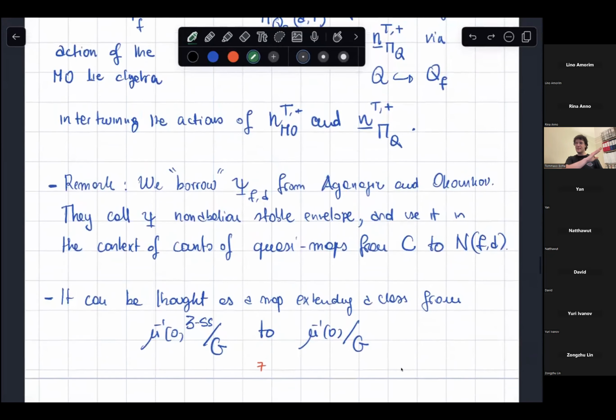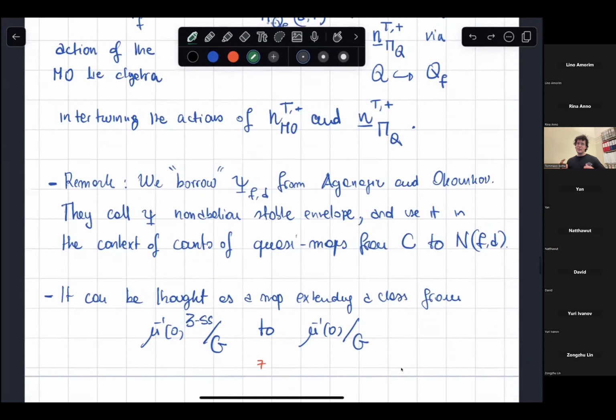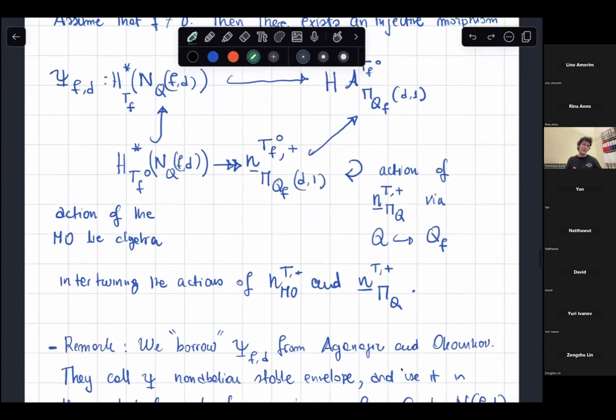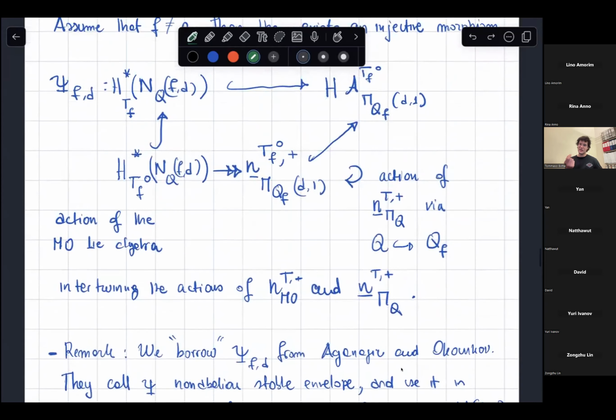In the case of the original stable envelope, the one I discussed before, it picks a class on some fixed component with respect to some torus action, and extends it to the whole space where this component lives, but in a controlled way, following the geometry of the attracting set in my variety. This non-abelian stable envelope should be thought of as a map extending a class from the semi-stable locus. Picking a quiver variety involves a choice of stability condition.